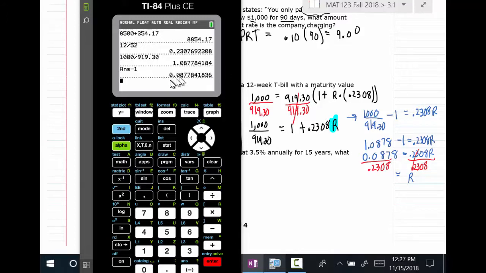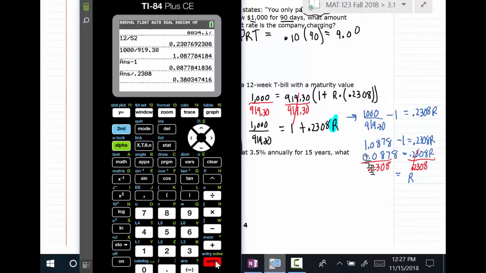So like if you take the number that's in your calculator, and if you divide by 0.2308, then we end up having this. And you'll be pretty accurate if you at least use 4 decimals. So we have 0.303 like that. Now that is the decimal rate. So what would the percent rate be? That'd be like 38%. Okay, that would be a 38% interest rate.